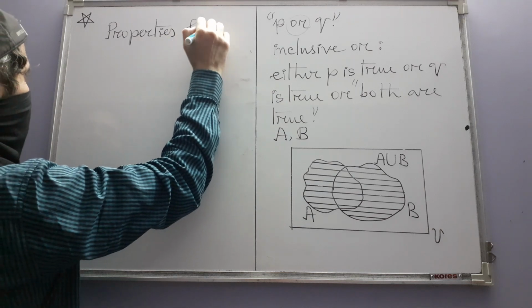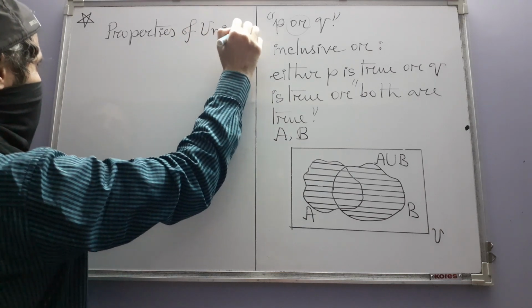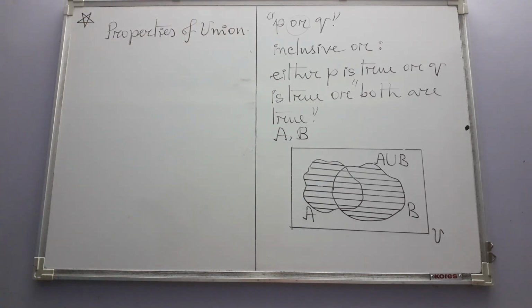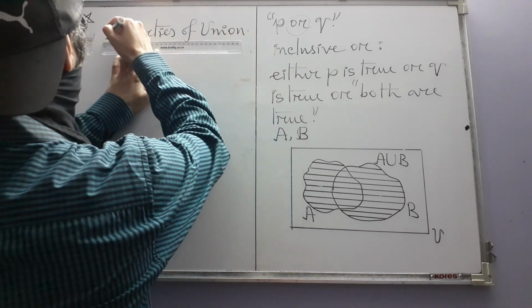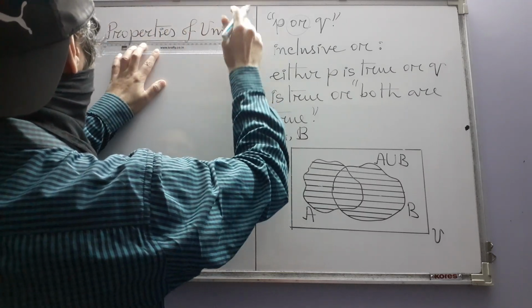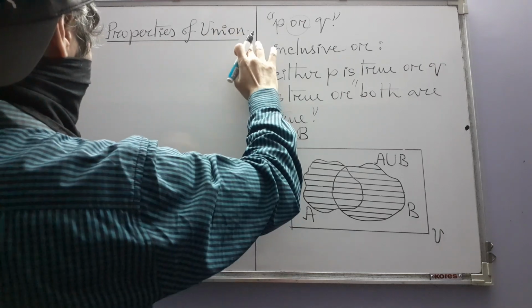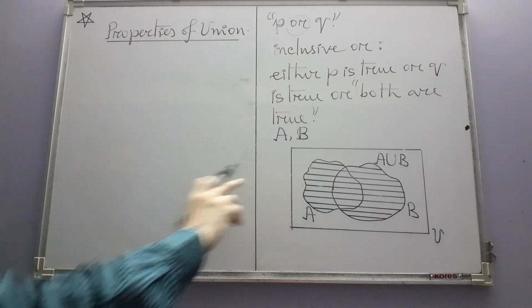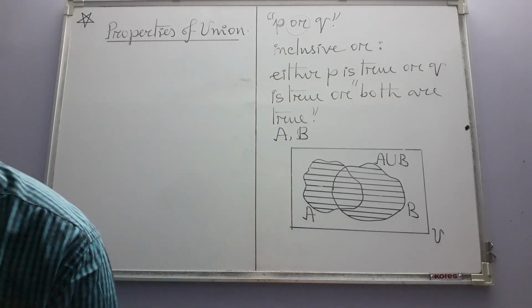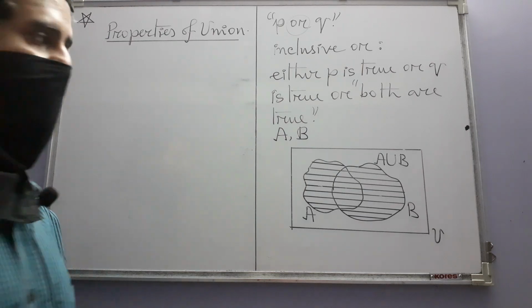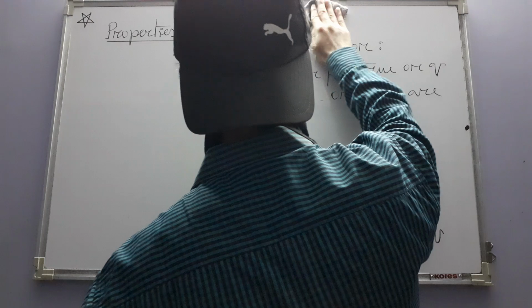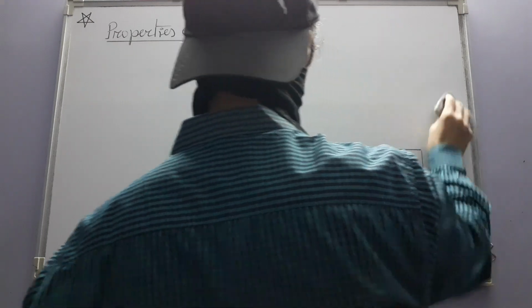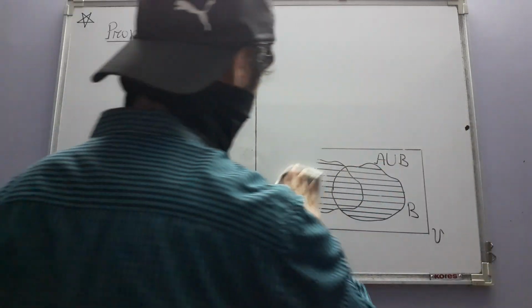Properties of union. Okay, now because I have already used that part, so why not write the corresponding properties of numbers on this side. So automatically I have two columns.